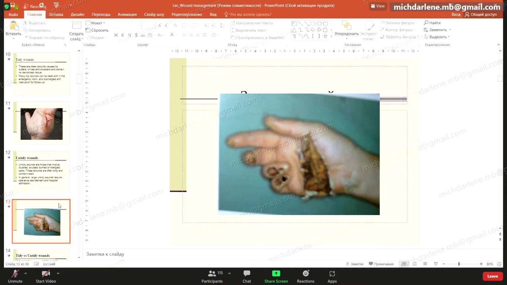He inserted his hand into a bottle with urine, trying to kill all the bacteria which contaminate the wound. Now check what's happening. We have a big area of deep necrosis, which is present in the second area of the palm and in the fingers too.